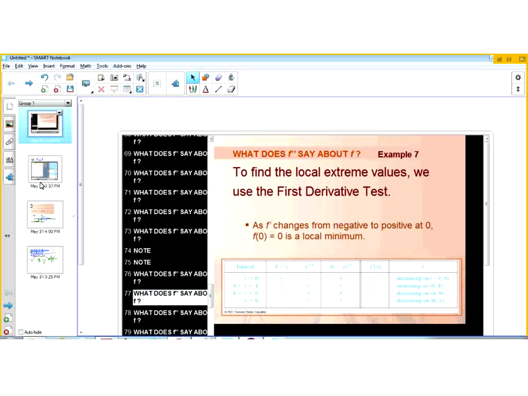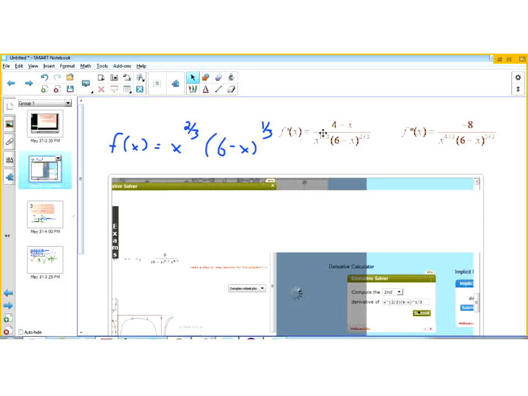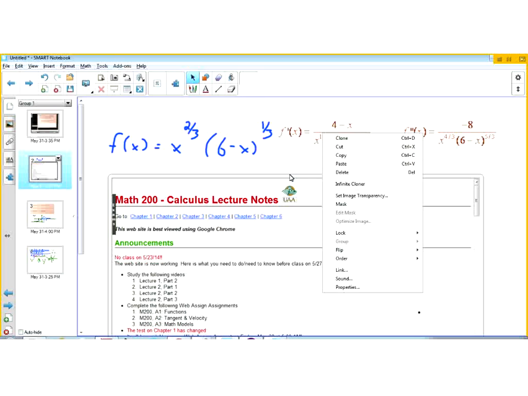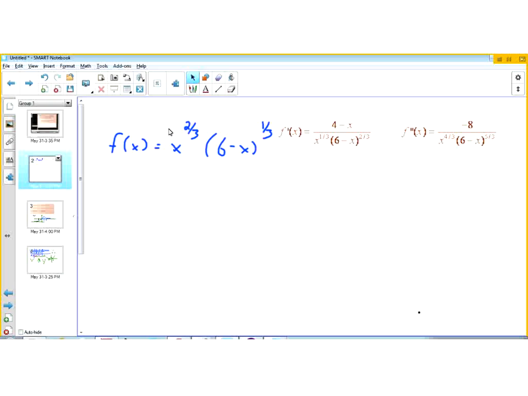So let's go back. Let's see, slide 77. Okay, let's go back here, and let's take these and assemble a table of signs for the first derivatives. So we'll do it the old school way.